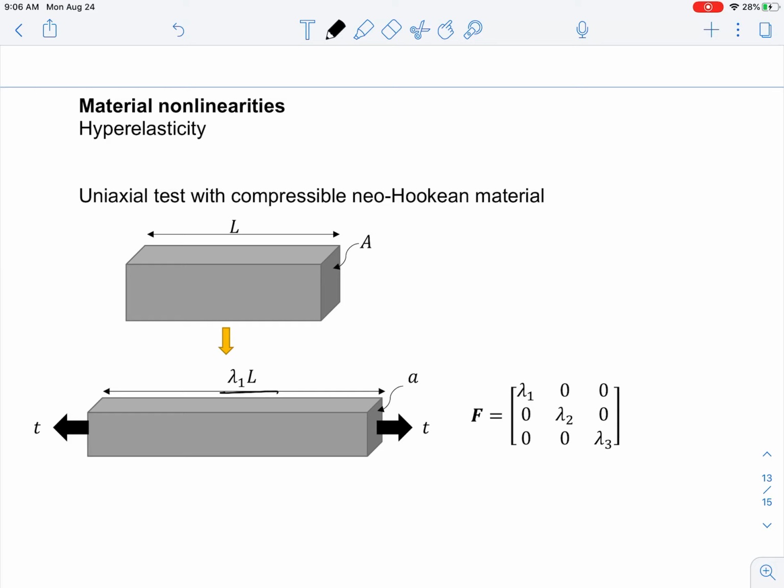So the F for this uniaxial case would be lambda 1 in the first direction, which let's call x, and then lambda 2 and lambda 3 in the other two directions. You can see that this F matrix tells you how the different axes deform. We're going to come back to that later on. For now, that will be enough to think about. Lambda 1 is the stretch in the x-axis, lambda 2 is the stretch in the y-axis, and lambda 3 is the stretch in the z-axis.